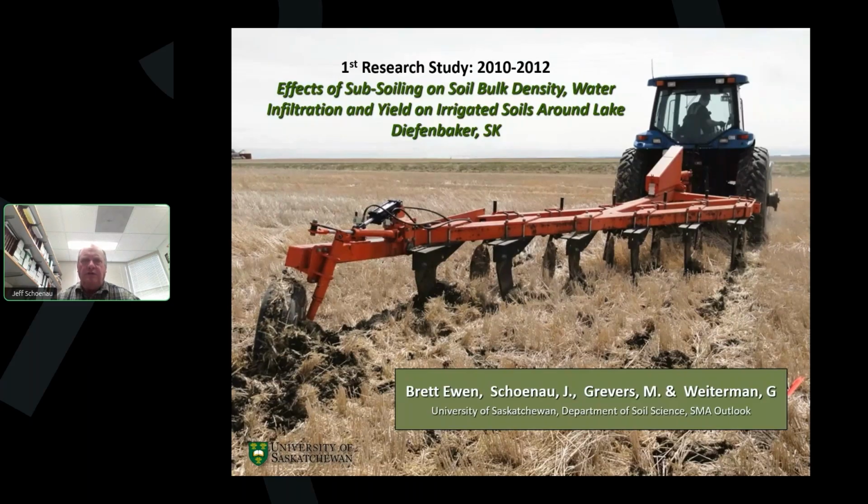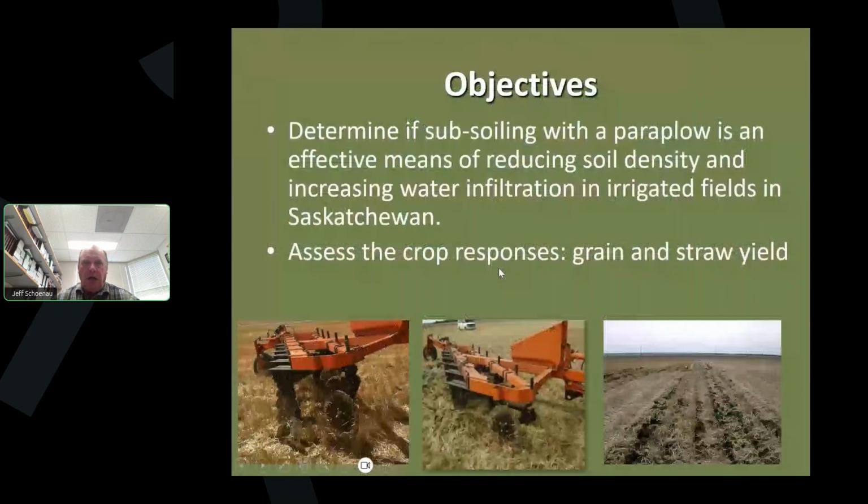The unit we used was this paraplow unit here, which, as you can see, is based on shanks with a narrow profile that actually create relatively little disturbance at the surface. At the bottom of the shank, we have a kind of plowshare that creates a lifting action, but relatively little soil disturbance at the surface.